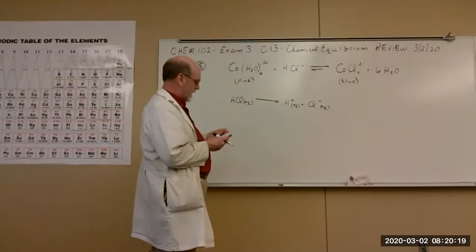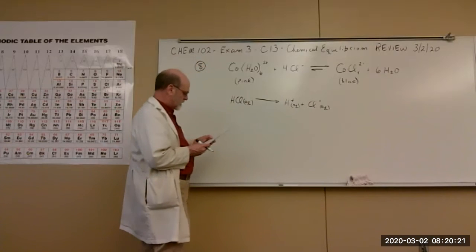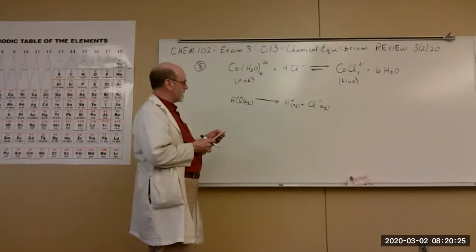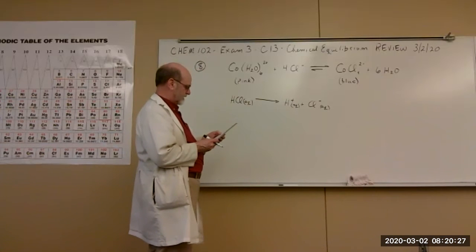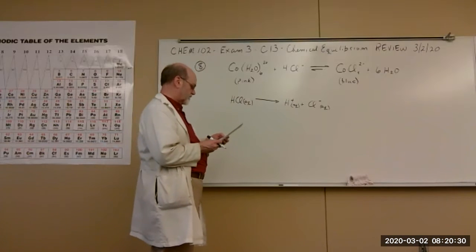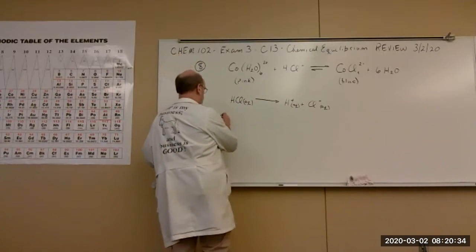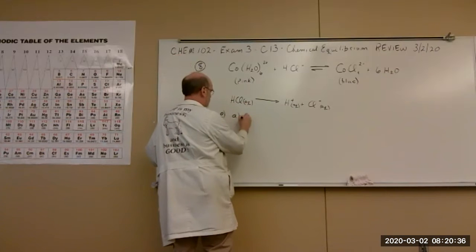That's true. Yeah, A is true. It should become more pink, but it can't have it both ways. The equilibrium will shift to the right. That's true. Or to the left. Wrong. So E, yeah, 2 of these, A and C. E refers to A and C.